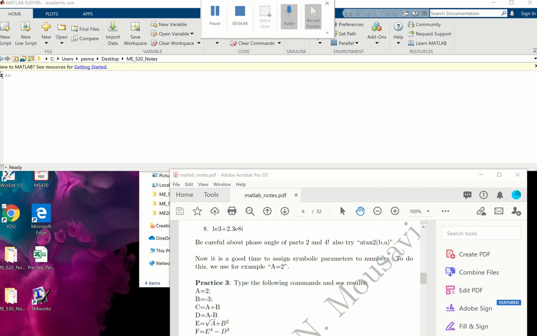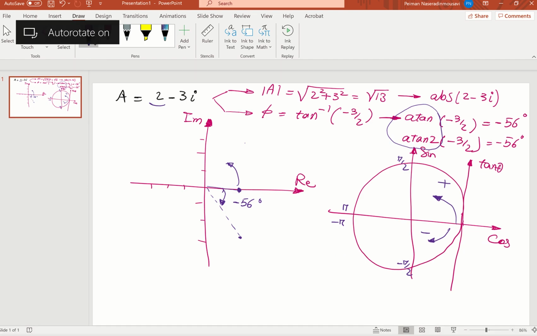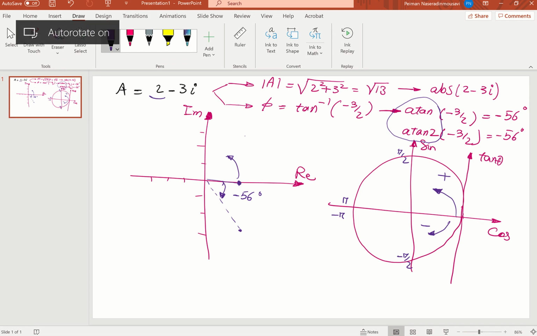On the other hand, I intentionally in the previous class plotted the number here to alert you. So you have minus 56, so this is this number, 2 minus 3i.